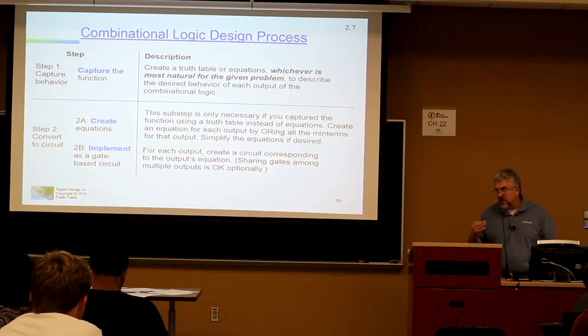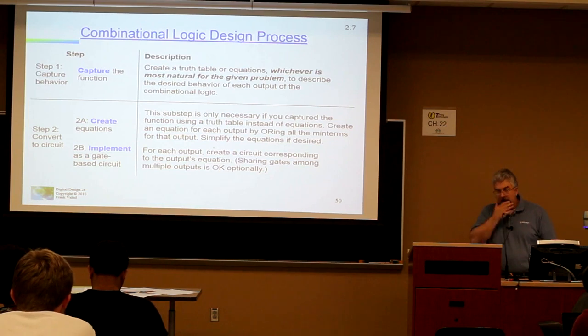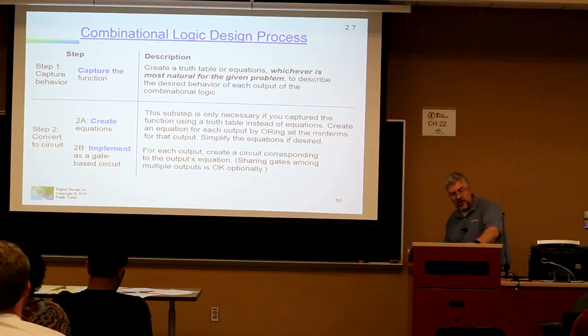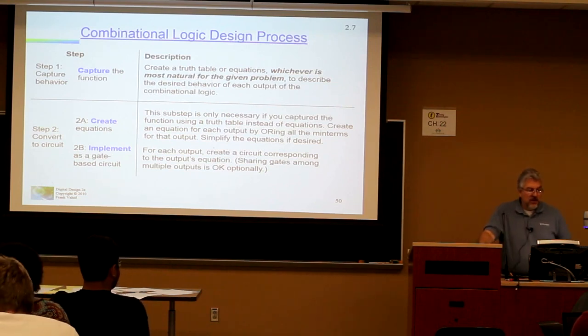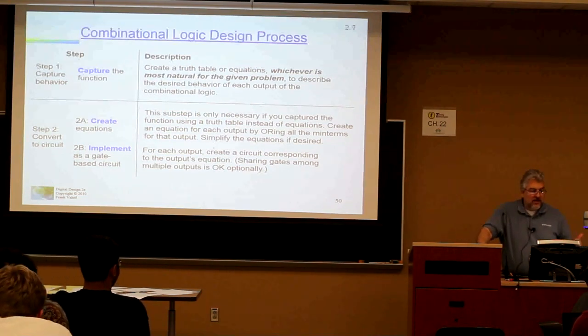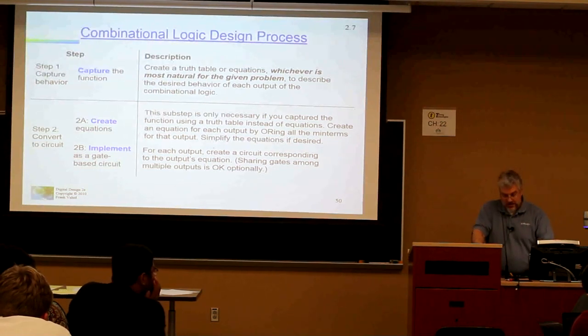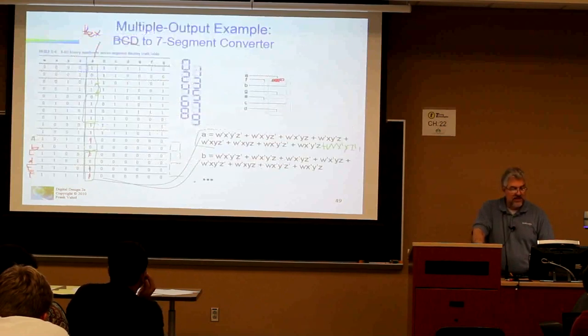In other words, you're going to have to identify the correct way to identify what the function is. Then step number 2 is convert to a circuit. In other words, you only have to do 2A if you captured the function with the truth table. Well, that's the first step, right?